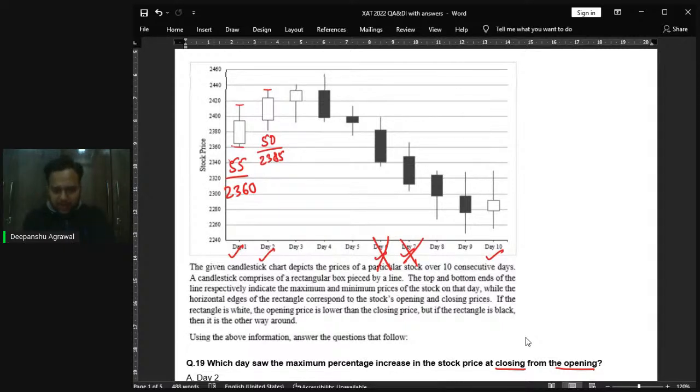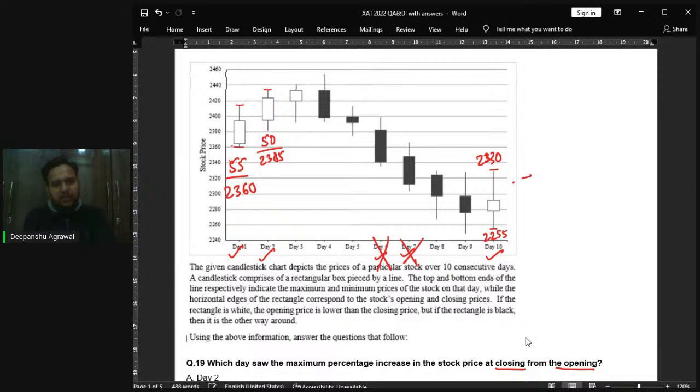So day 10, this should be taken as 2330, and this should be taken as 2255. Correct? So what is the difference? This would be 45 plus 30, 75.